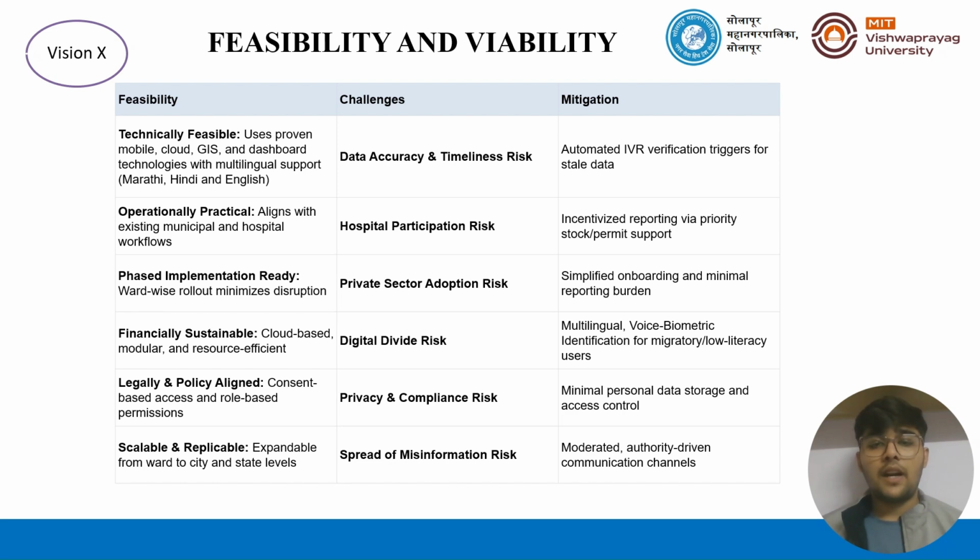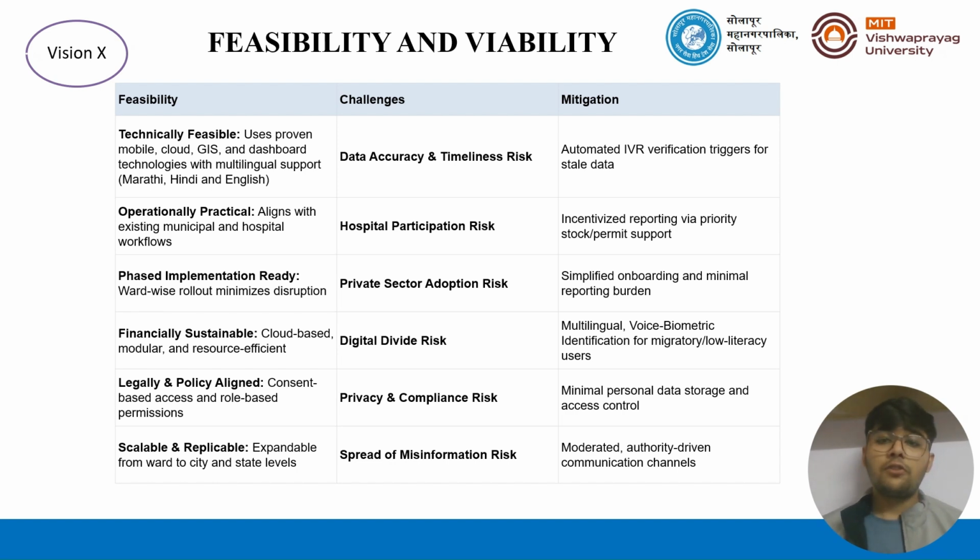Multilingual support in Marathi, Hindi, and English ensures accessibility for both citizens and field workers. Operational feasibility is achieved by aligning the platform with existing municipal healthcare workflows, including ASHA worker processes and hospital reporting mechanisms. A phased ward-wise rollout strategy is proposed to minimize disruption, enable training, and ensure smooth adoption.